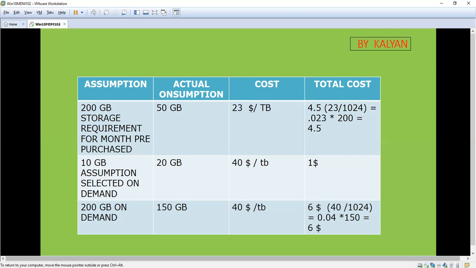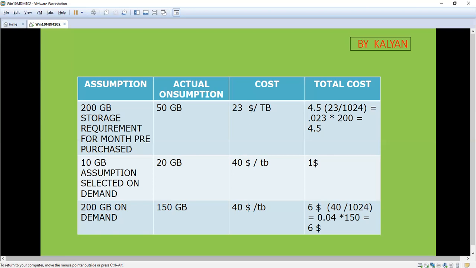One more situation: we go for the on-demand plan for 200 GB. Our requirement is 200 GB, but finally the actual consumption is 150 GB, and the amount calculated is only $6.